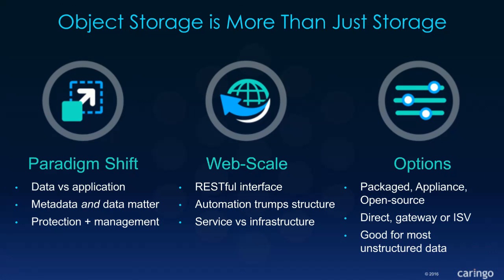And more importantly, knowing that the metadata associated with that data, given its importance, is being equally protected by the solution. And that's one of the strengths that Caringo Swarm brings to the table when you're talking about object storage. We treat the protection of metadata and data equally.